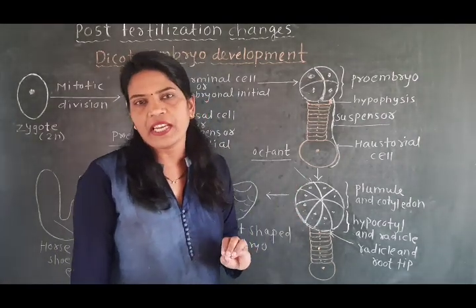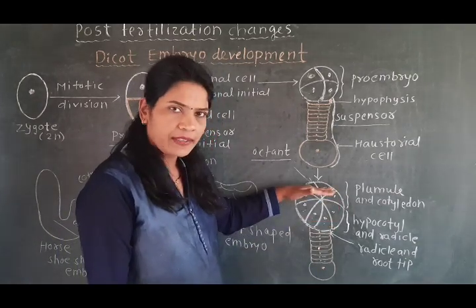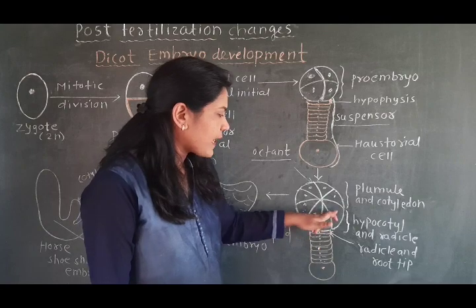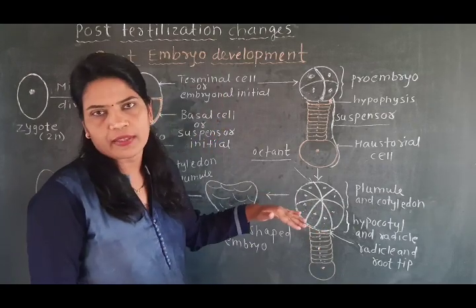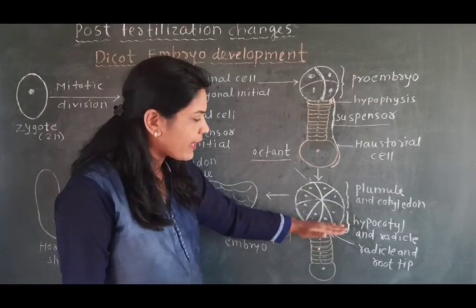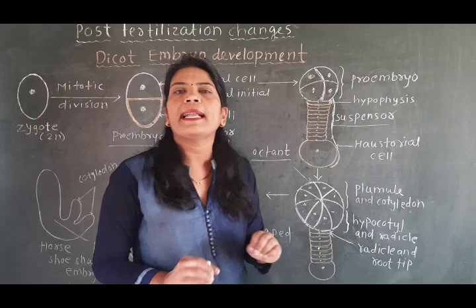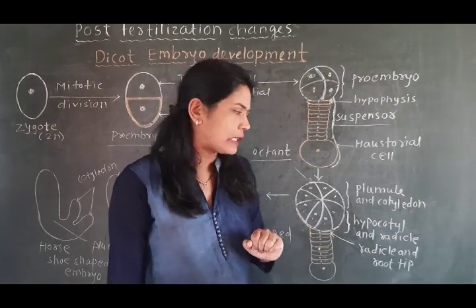In this octant stage, 4 cells are present in the upper tier and 4 cells in the lower tier, so there are 8 cells in total.